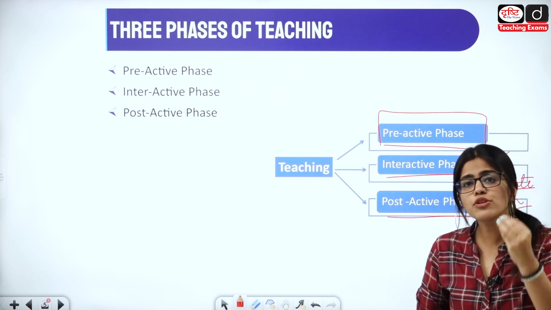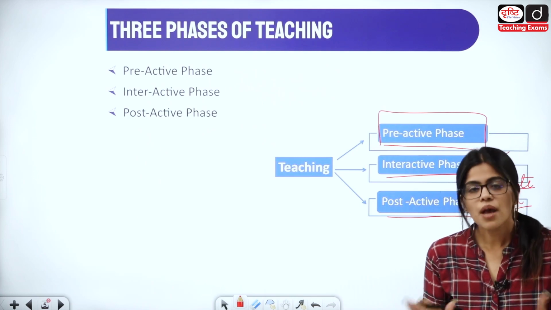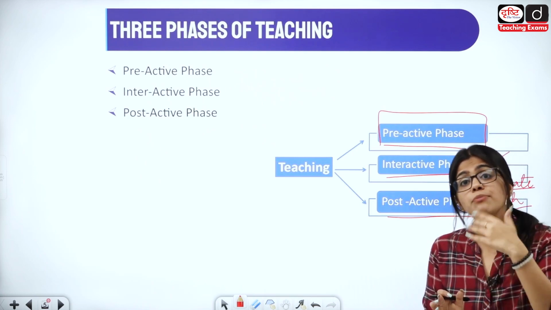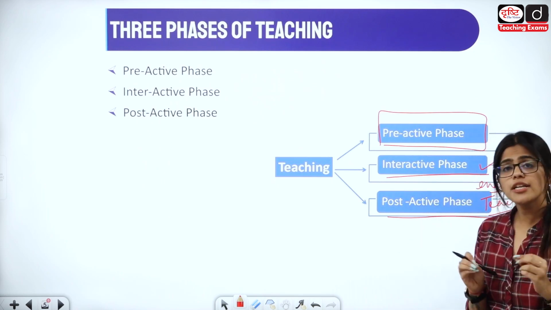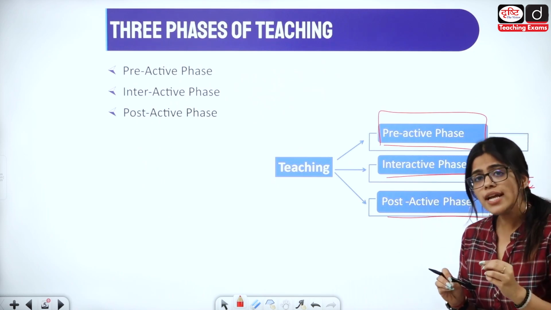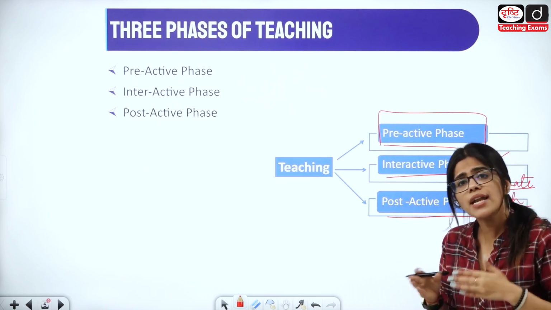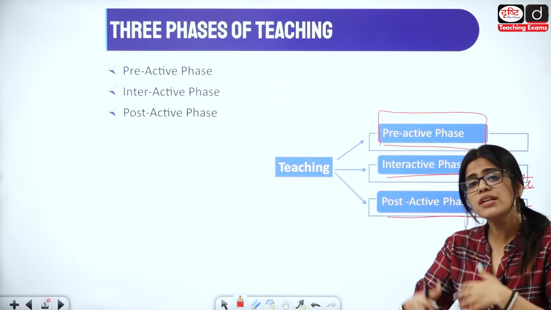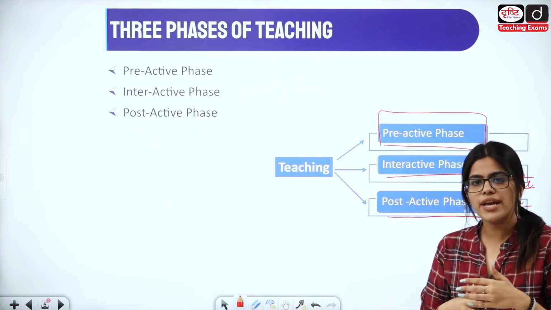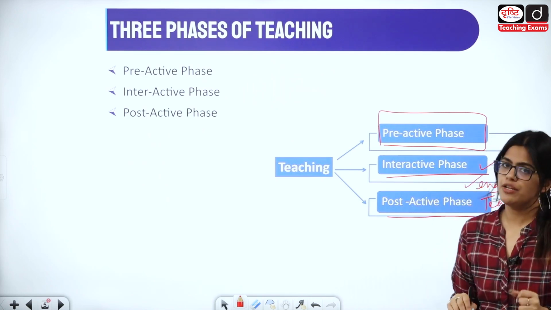Evaluation is not only useful for the student but for the teacher also. How? Because the teacher can improve herself after the evaluation. Some topic is not clear to my students. I understood that, I try to explain it, but it is not clear. Maybe the method I am using is not clear. So I will change the way in which I am teaching the students. That is also a role of evaluation.